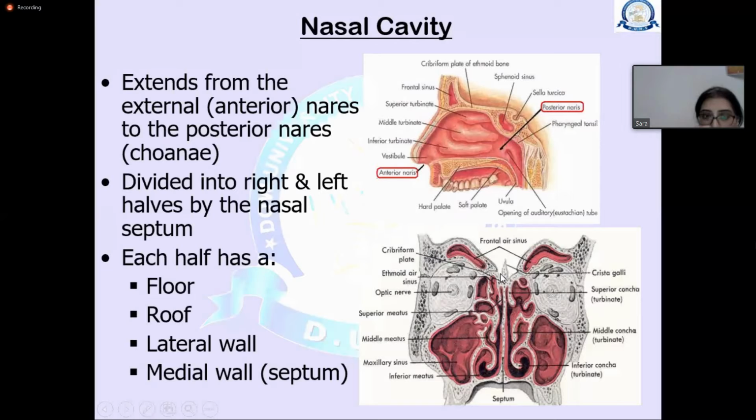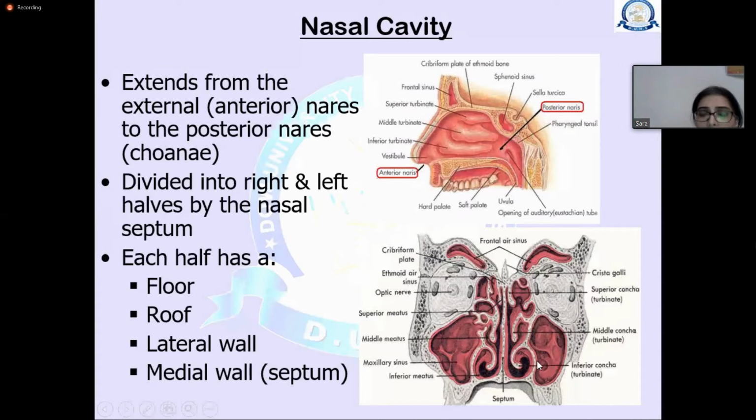As a whole you have a roof of this nasal cavity without dividing it into each half. It's the same in the halves as well, whether you do it in halves or as a whole cavity. So each cavity will be divided into two halves by a medial septum.